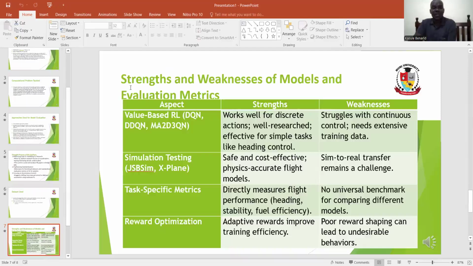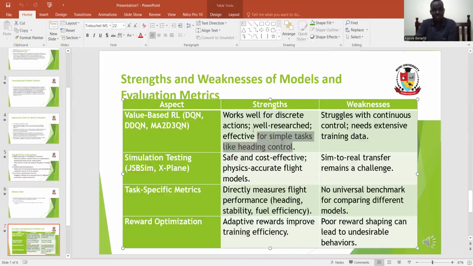And then conclusively, I also want to go through very fast the strengths and weaknesses of the models and evaluation metrics. So we have the aspect here of the metrics, the strengths and its weaknesses here. So the value-based reinforcement learning models, they work very well for discrete action, well-researched, effective for simple tasks like heading control.